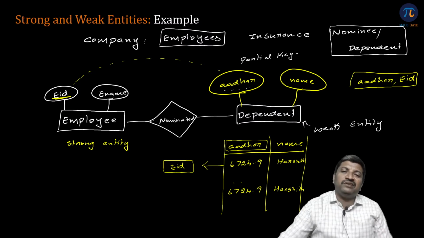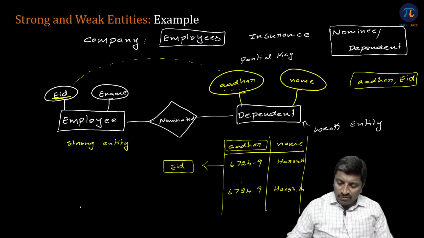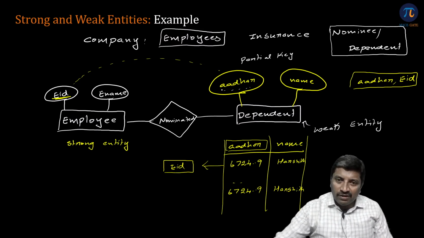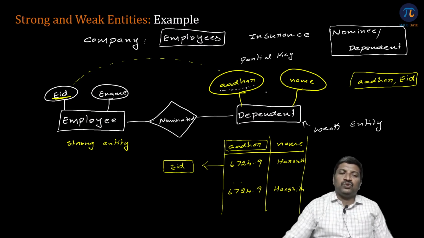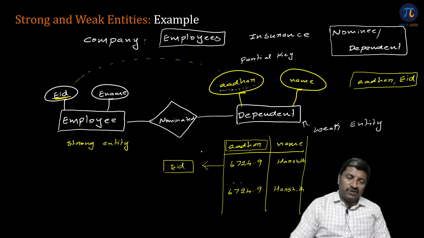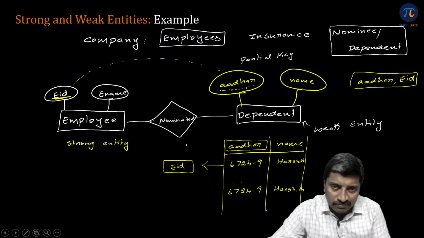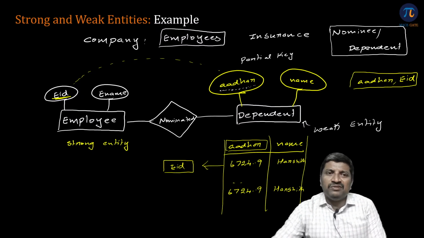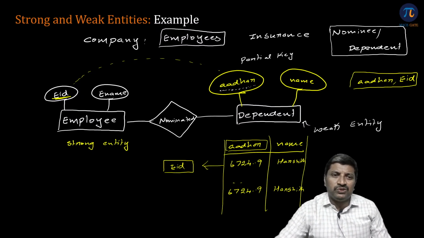I need to combine it with someone else. Whenever it is a partial key, generally people underline it with dashes. So I hope you understood, sir: strong entity, weak entity, partial key. I have given the example for all three. Hope you understood it, sir.